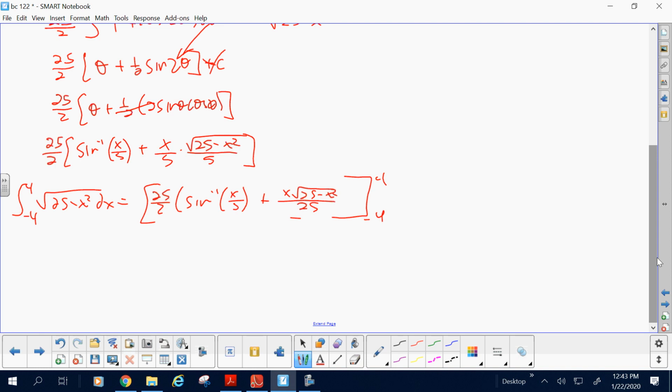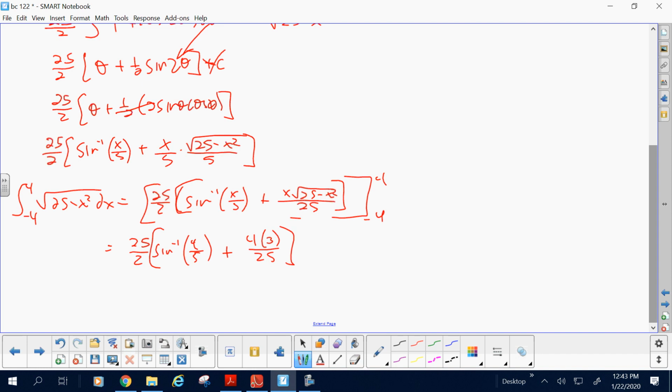Okay. So at 4, I get 25 halves of inverse sine of 4/5 plus 4, okay, let's see, parentheses. When I put 4 in there, it's 25 minus 16, so that's 9, square root, so that's a 3. Pretty cool.